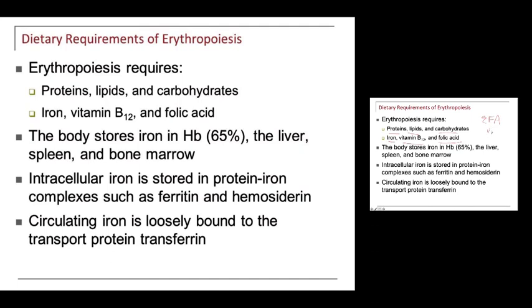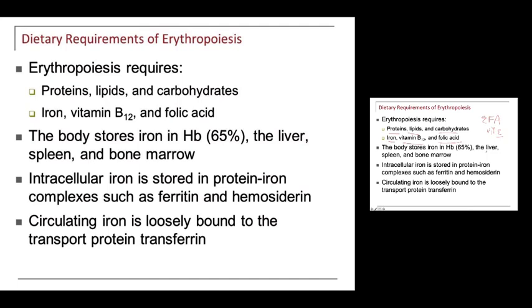Vitamin E is also beneficial as an antioxidant to help protect the fat soluble portion. Vitamin C helps to protect the hydrophilic portion. The body stores iron in hemoglobin, about 65%, and also in the liver, the spleen, and the bone marrow.